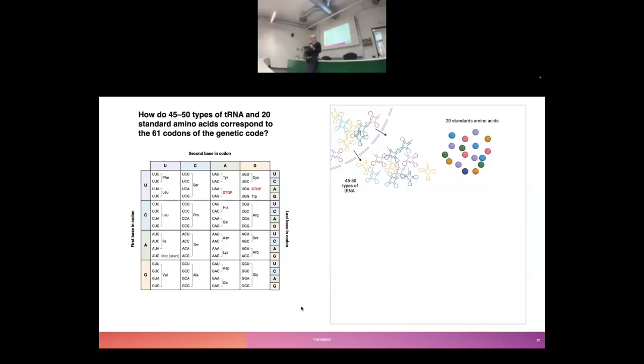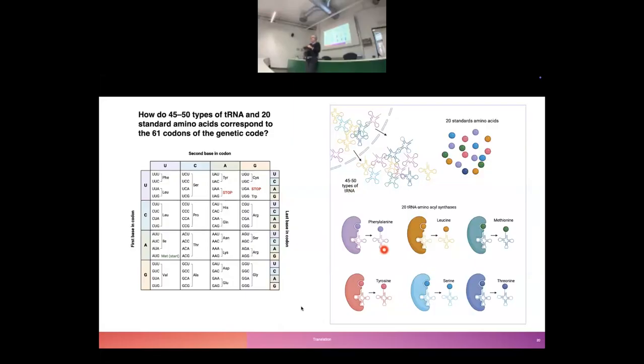Okay, this one is the summary of those. So on one hand, there is the production of the tRNA. On the other one, the amino acid, sorry. Okay, so we have 45 of those, 20 of those, and 20 of the enzyme, the amino acid tRNA synthase. Okay.